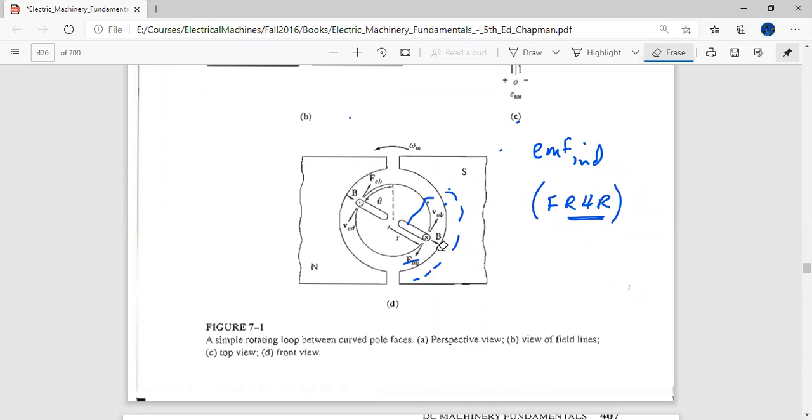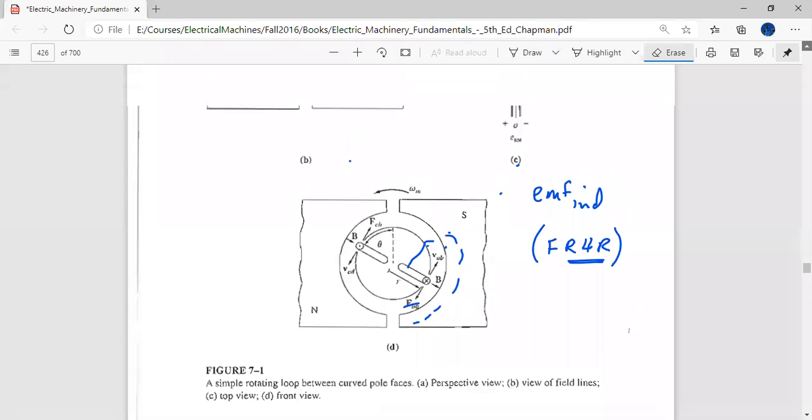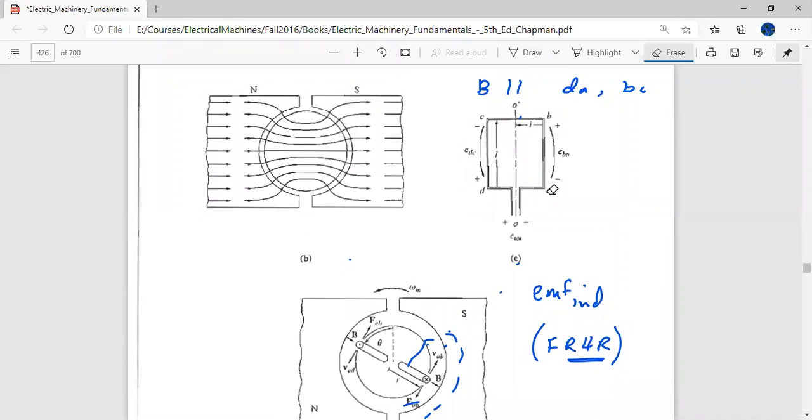So for the side AB, the current is going into the plane of the page like this. And for the side CD, the current is coming out of the plane of the page as shown over here. And we get this using Fleming's right hand rule.